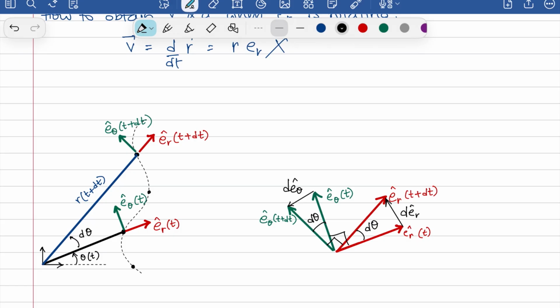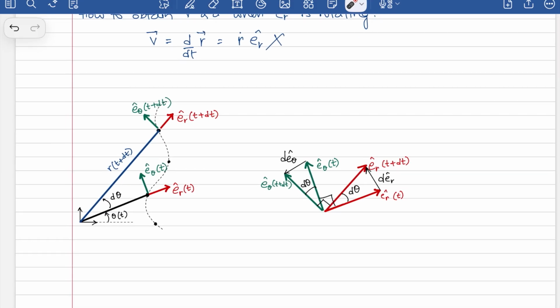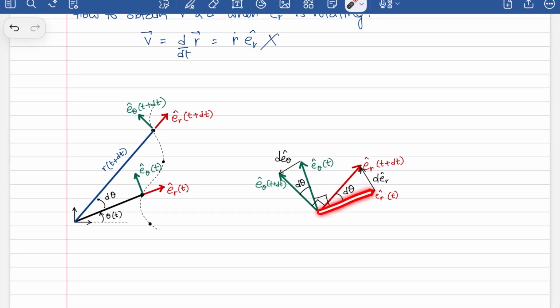Now let's look at the magnitude of these. What can we say here? If you think of this as a unit vector which has a magnitude of 1 that has rotated by an angle of d theta to come to this point, the arc length over here would be r d theta. This is a radius r, rotated by d theta, and it's come here, the same r.